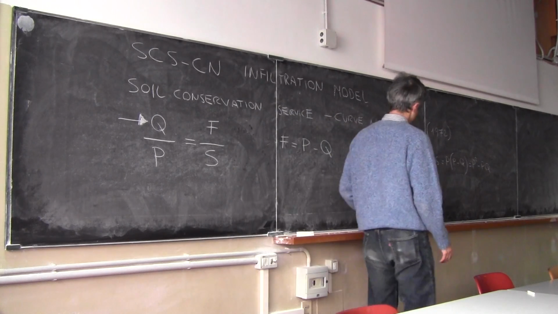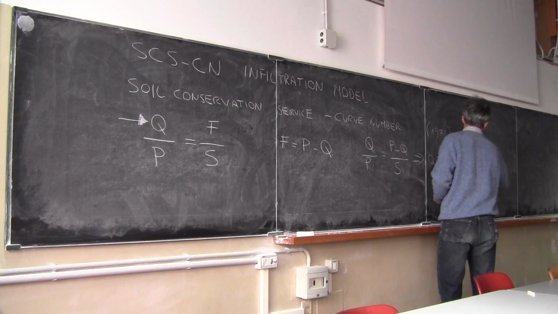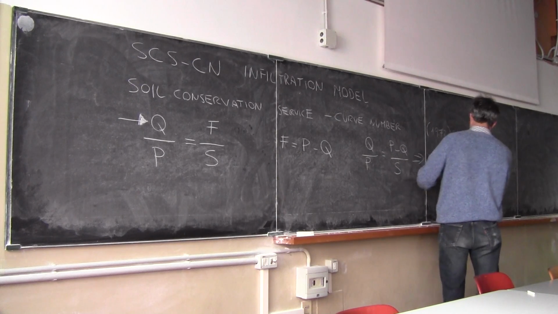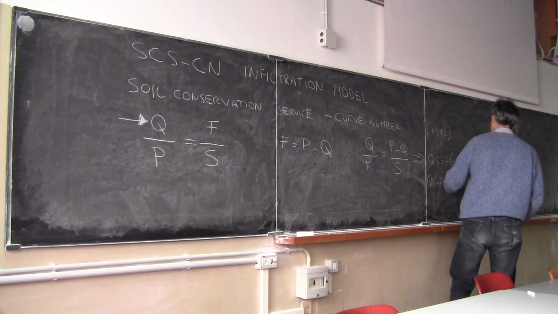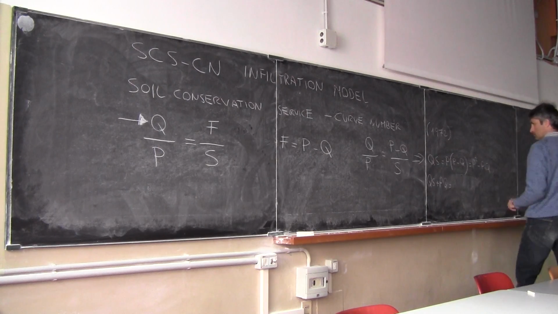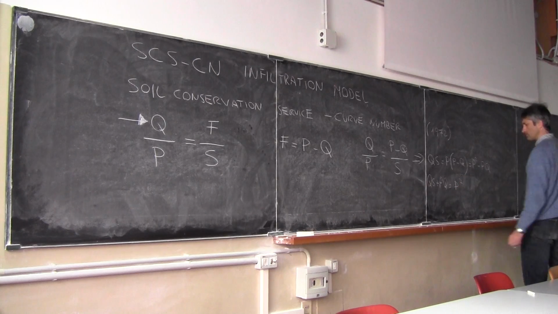Now let's bring to the left-hand side the two terms that include Q. So we have QS plus PQ is equal to P squared.